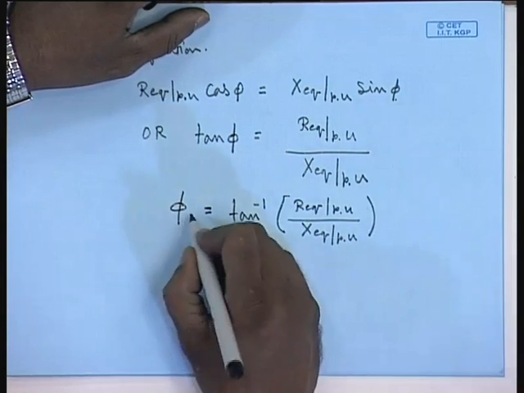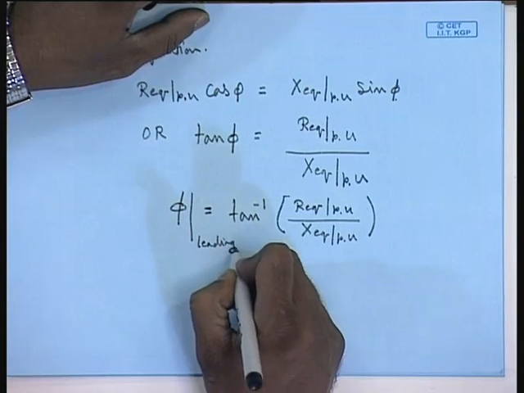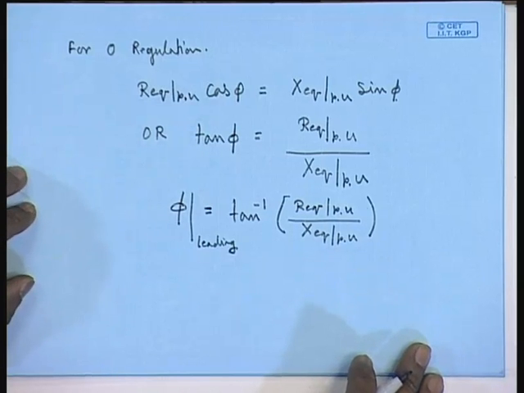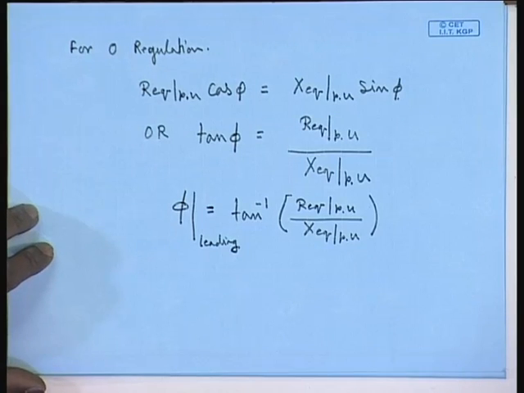This is the leading angle. So, at this value of leading phase angle, the percentage regulation will be 0.